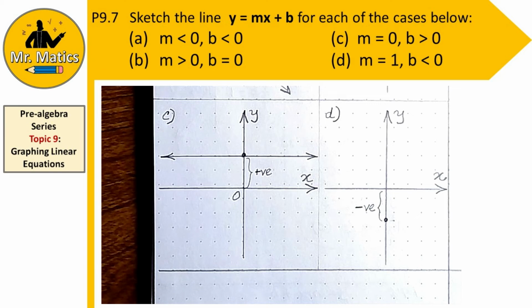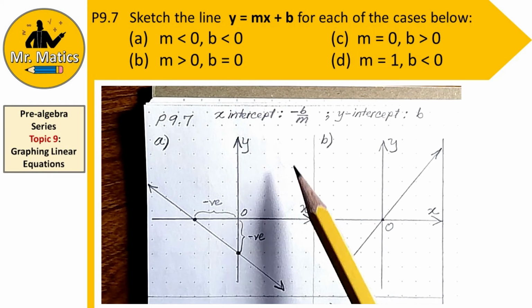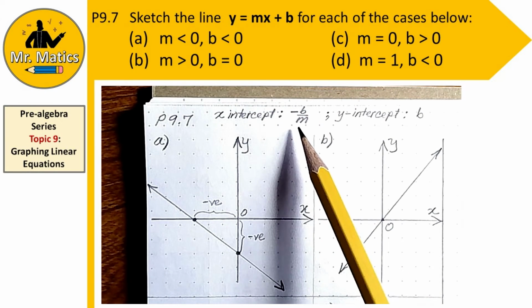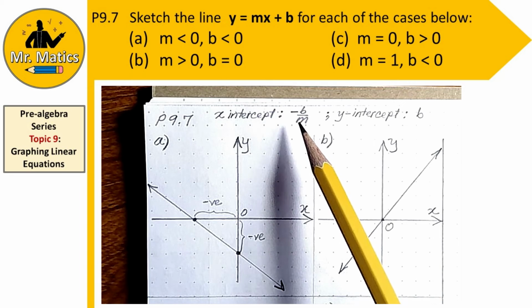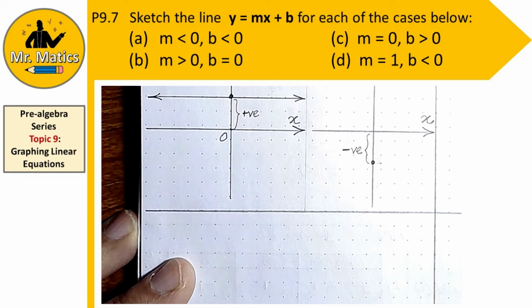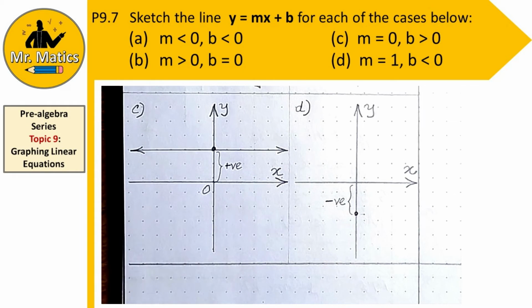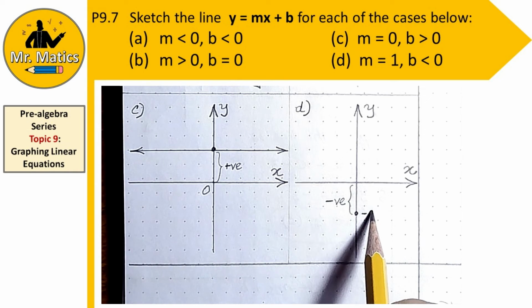Now we are also seeing that m equals 1. So minus b over m, which is the x-intercept, minus b over m. What is the value of that? That is just minus b, because m equals 1. So if this is the case, let's say this was minus 5. Okay, I'll just write it here because it's just good to have a value. You know, it's easier to understand that.